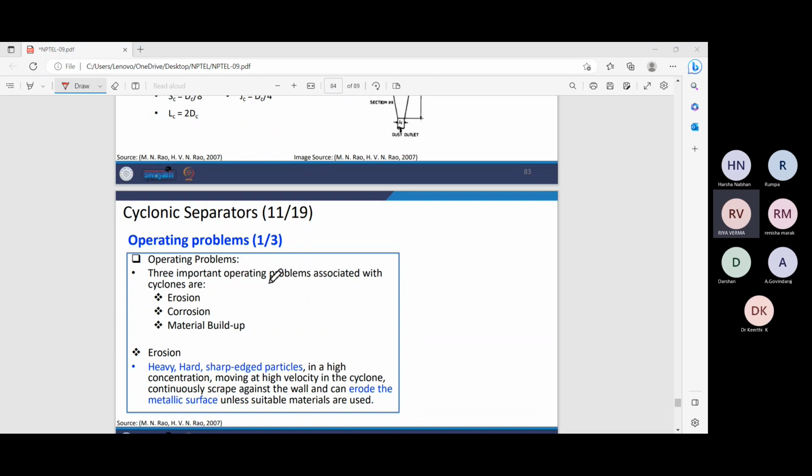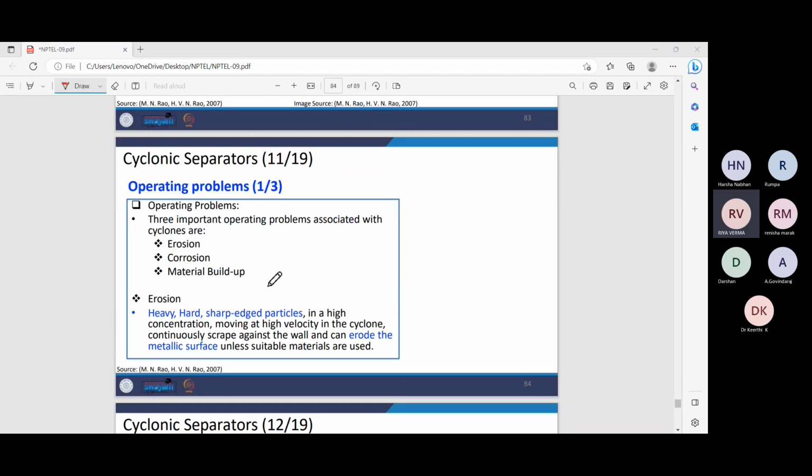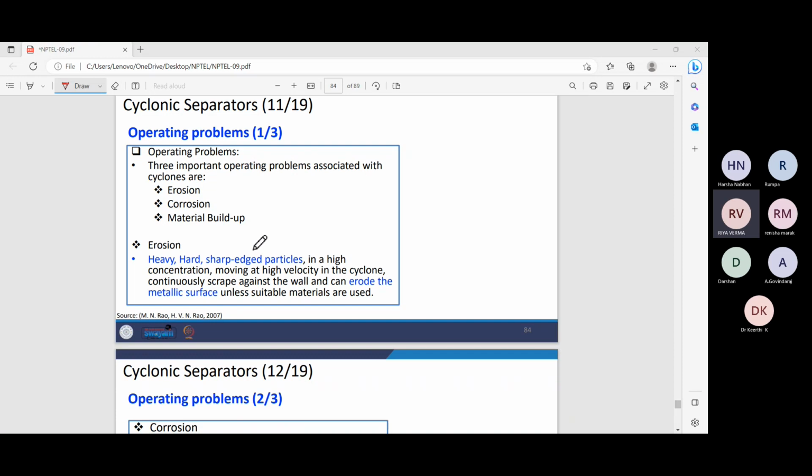Now, what are the operating problems for a cyclonic separator? Basically, three important operating problems are associated with cyclones. First is erosion, second is corrosion, and third is material buildup. So, what is erosion?